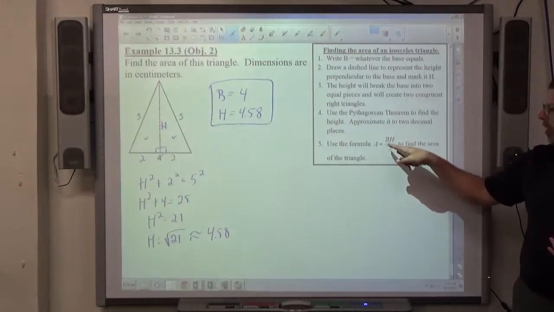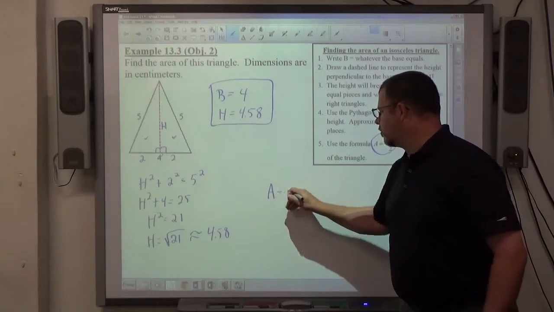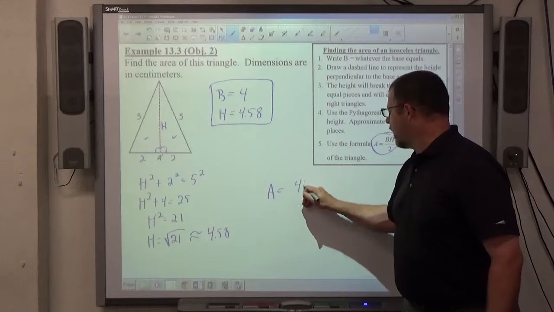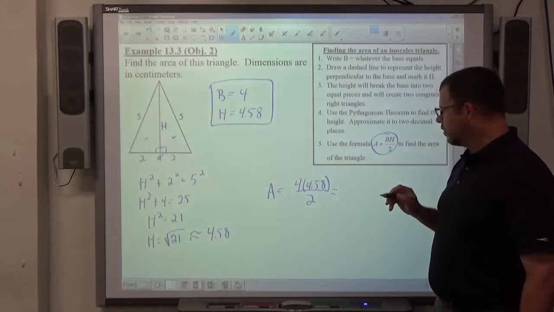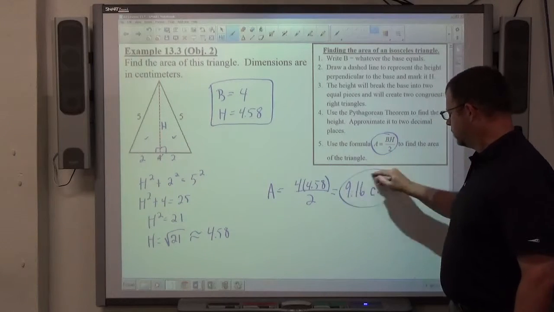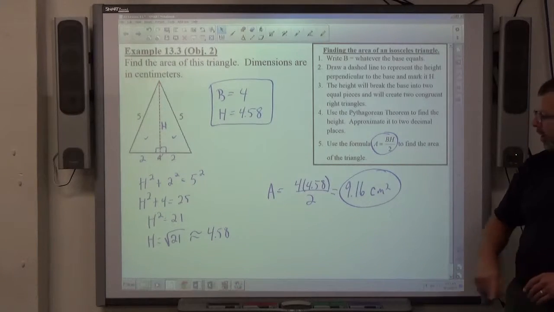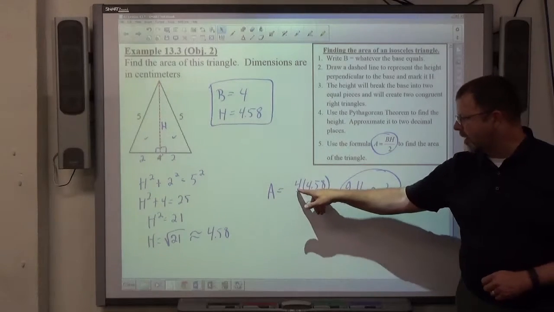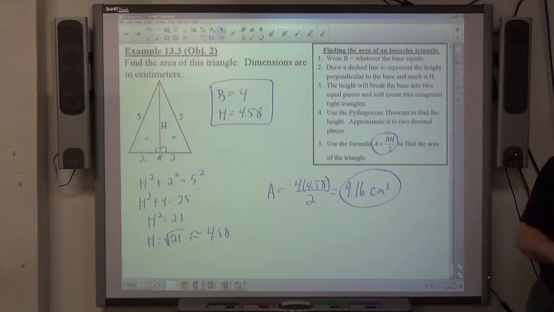So once I've established all that, I'm going to use that formula, BH over 2, to find the area. Area equals 4 times 4.58 over 2, which equals 9.16 centimeters squared. If you're unsure of how I got 9.16, I type 4 times 4.58 divided by 2 on my mental calculator to spit out 9.16.